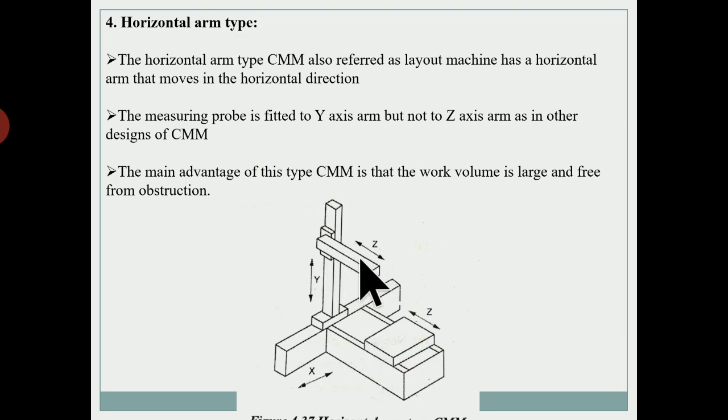The measuring probe is fitted to the Y axis arm. The main advantage of this type of CMM is that the work volume is larger and free from obstructions. Here the Z axis movement is provided by movement of the work table.